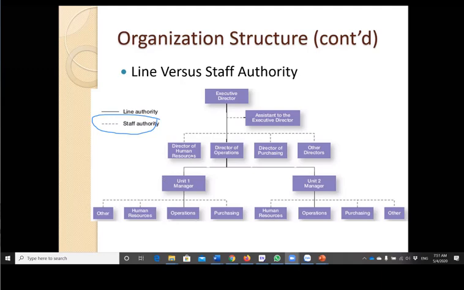They just work as consultants to supplement the decision-making process of the director of operation here, or down here, the unit manager may want to consult the human resources and the purchasing department, unit or department, right, when they make a decision.